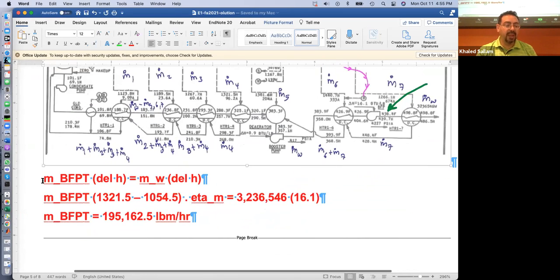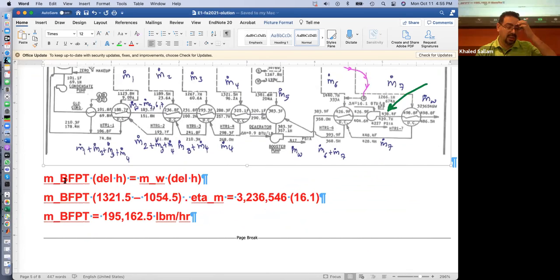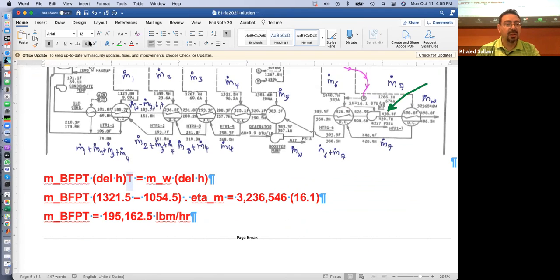What's the work turbine? M, the mass flow of that boiler feed pump turbine, times its own delta H, I mean the turbine's delta H. Let's subscript this: boiler feed pump turbine, equal to M water multiplied by the delta H of the pump.